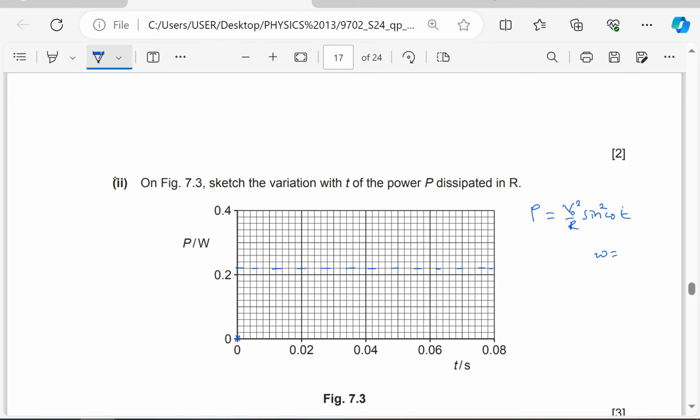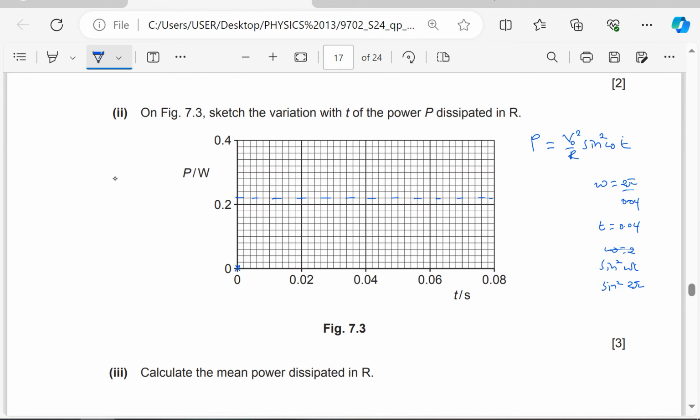Omega is 2 pi over the period, which is 0.04. Then if t equals 0.04, sine squared omega t will be sine squared 2 pi. Sine of 2 pi, I think that is 0.